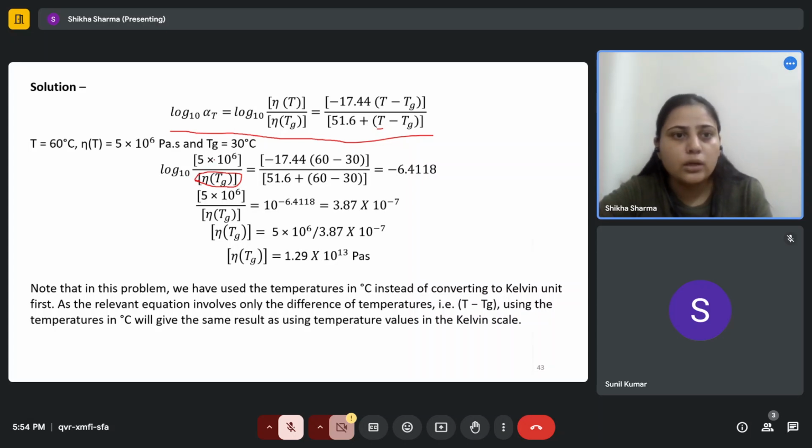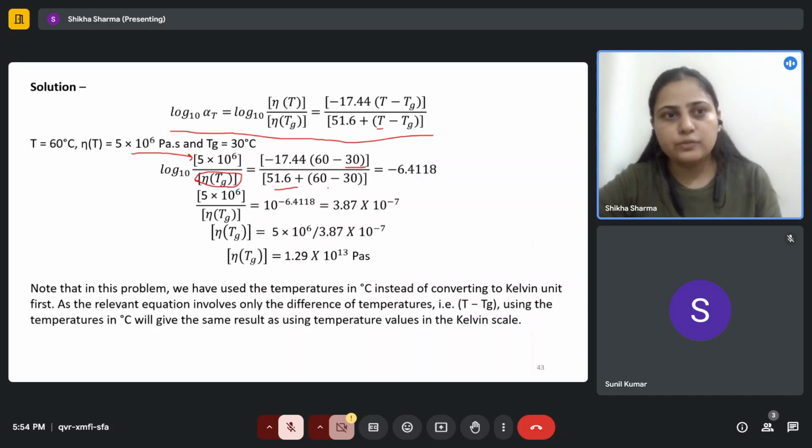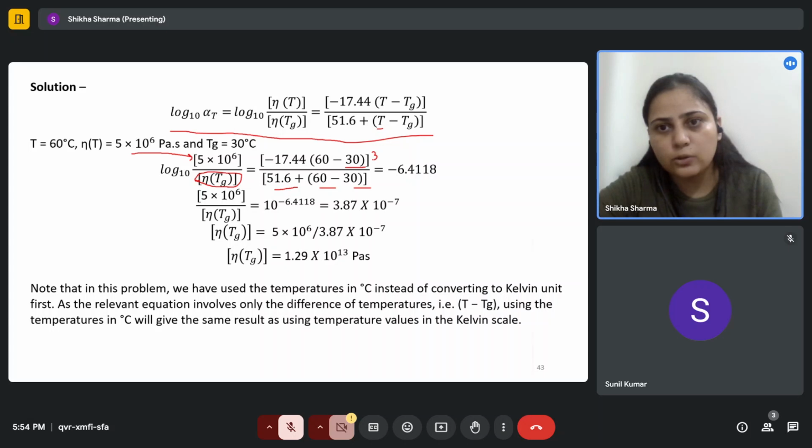So log of viscosity at temperature T, which is 5 into 10 to the power 6, divided by the denominator, which we don't know, equals minus 17.44 multiply by 60, which is the temperature given, minus Tg, minus 30, divided by 51.6 plus 60 minus 30. So 60 minus 30 is equal to 30.